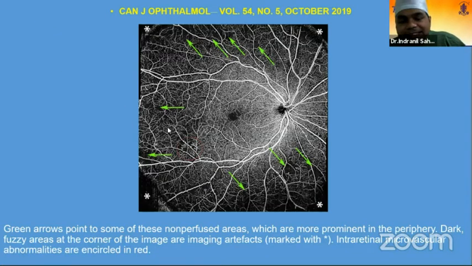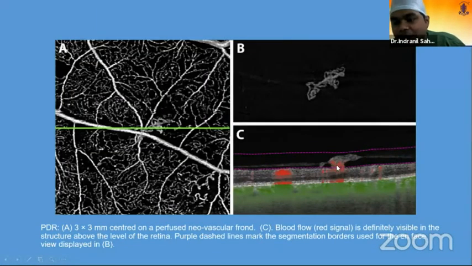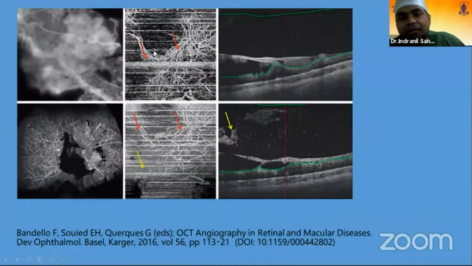This is another section showing a vascular front in a diabetic patient, which is again a segmentation. As Dr. Darais sir showed in his previous slides, you can see the area of the vascular front showing it to be an active lesion. This is a patient of TRD. This is the pre-anti-VEGF OCT angiogram, and this is after the anti-VEGF was administered.